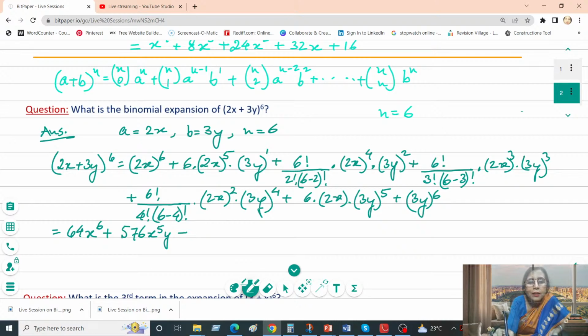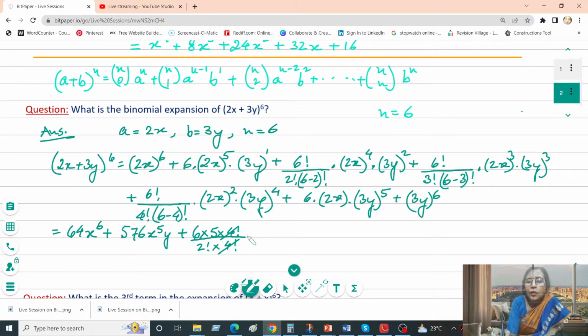Okay, and then the next term, 6 factorial over 2 factorial and (6 minus 2) factorial, that is 4 factorial. So 6 factorial, I can write as 6 times 5 times 4 times 3 times 2 times 1, which is equal to 4 factorial. So why not we write it as 6 times 5 times 4 factorial over 2 factorial times 4 factorial, so that we can cancel these two.